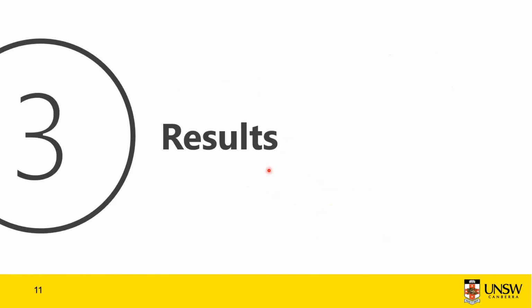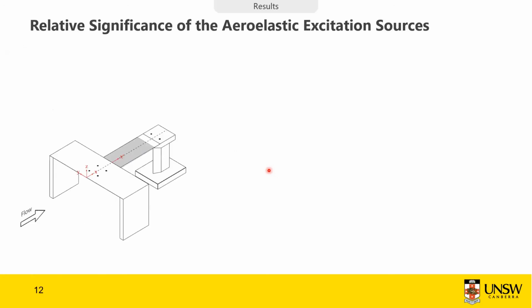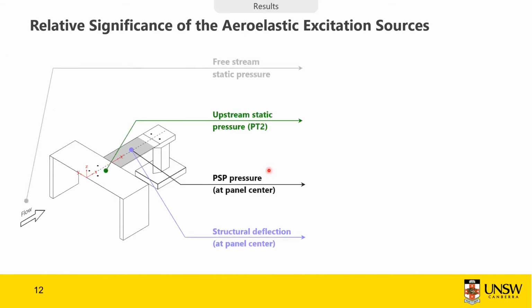Okay, if you remember, I talked about some of the aeroelastic mechanisms that are going on. The idea of my work is to decouple those effects and see whether we have fluid structure interaction or not. In order to understand the relative significance among those different aeroelastic excitation mechanisms, we can plot some parameters of the model.